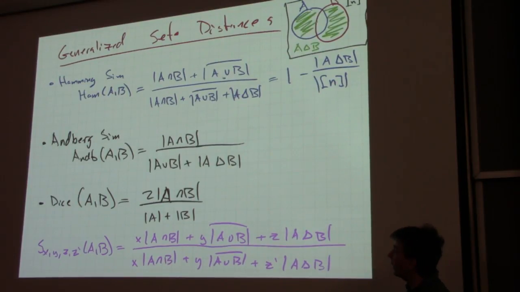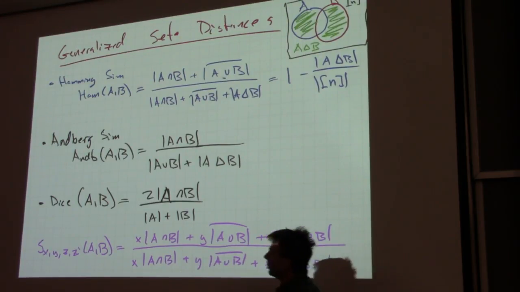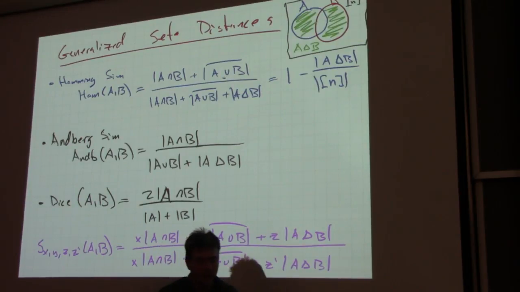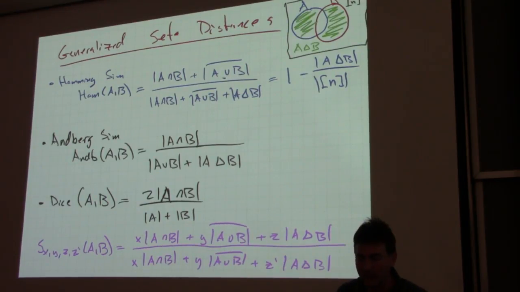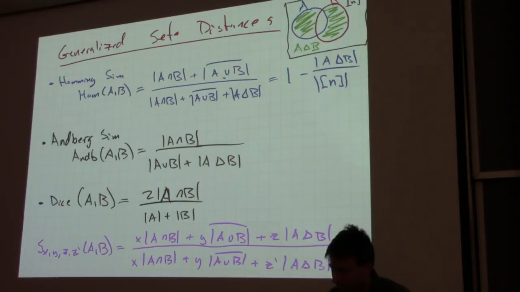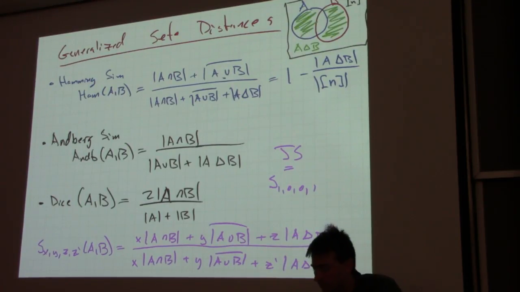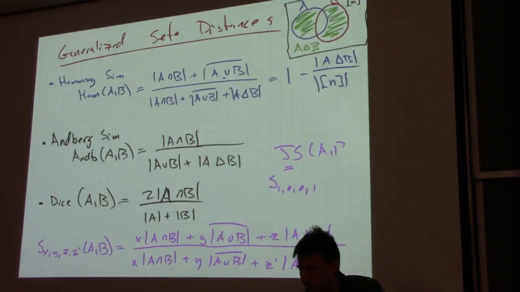It turns out all of these similarities, including the Jaccard and a couple of other common ones, can be written in this general form, where I specify specific values for X, Y, Z, and Z prime. For instance, the Jaccard similarity is equal to (1, 0, 0, 1).